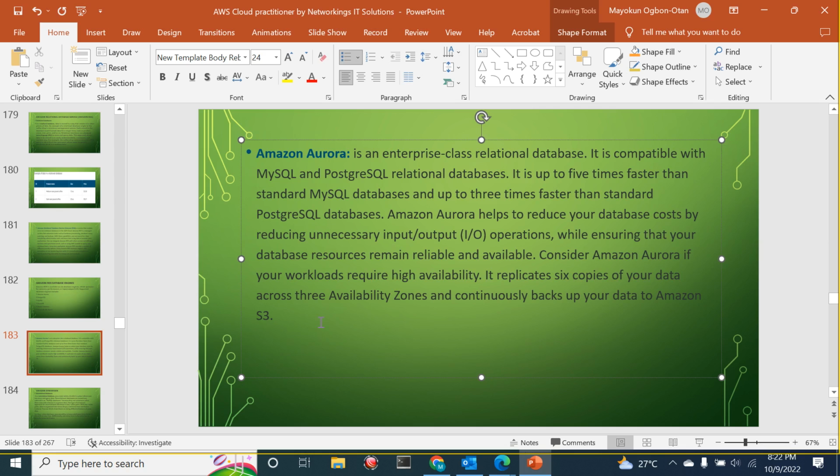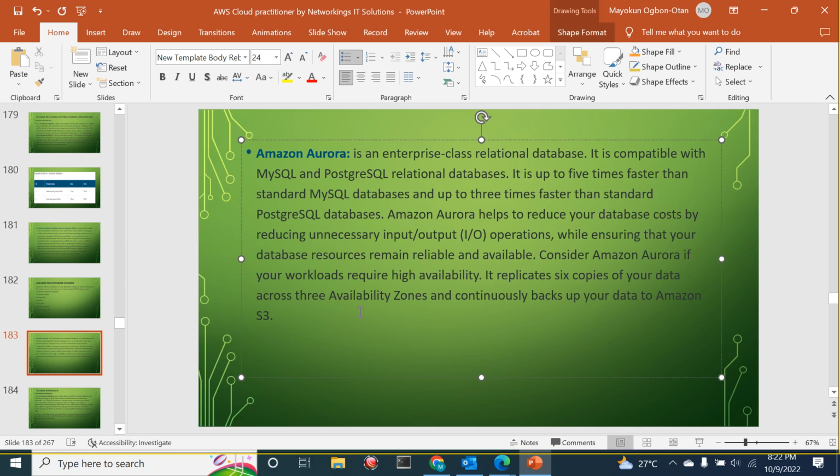It is up to 5 times faster than standard MySQL databases and up to 3 times faster than standard PostgreSQL databases. Amazon Aurora helps to reduce your database cost by reducing unnecessary input-output operations while ensuring that your database resources remain reliable and available.